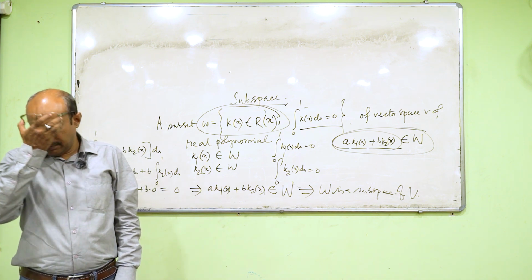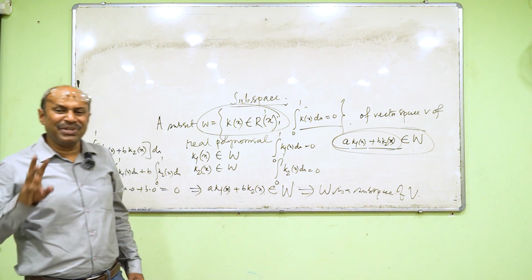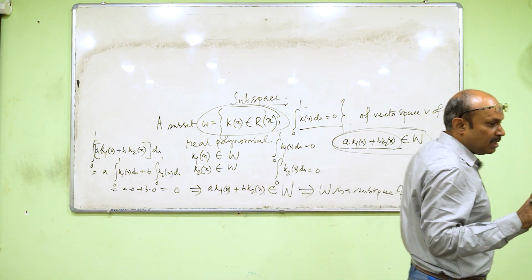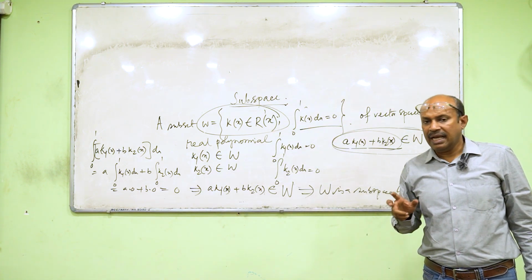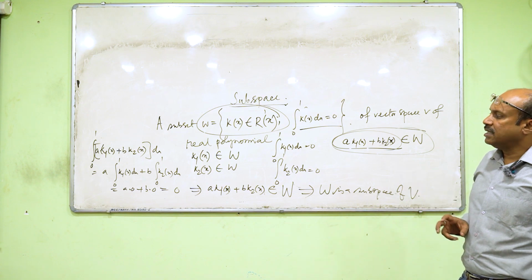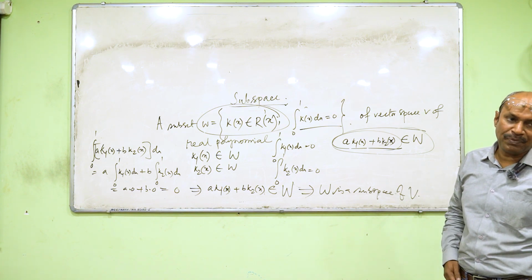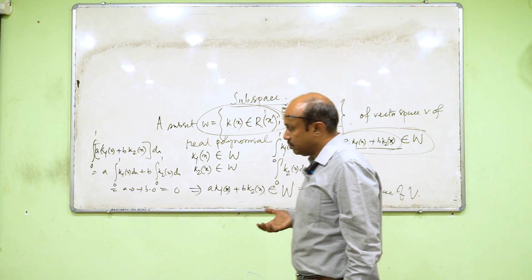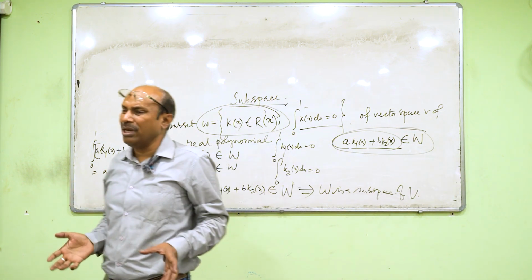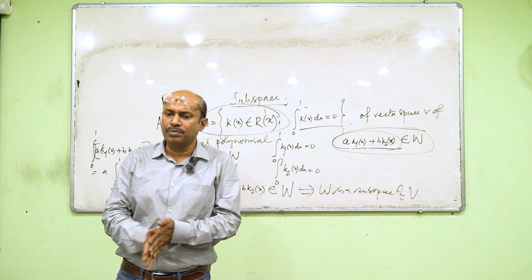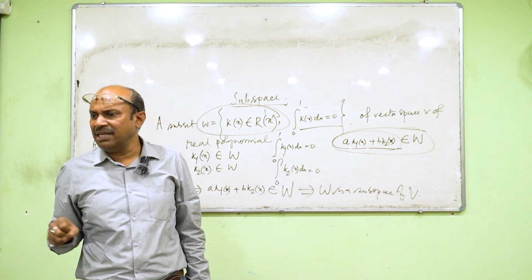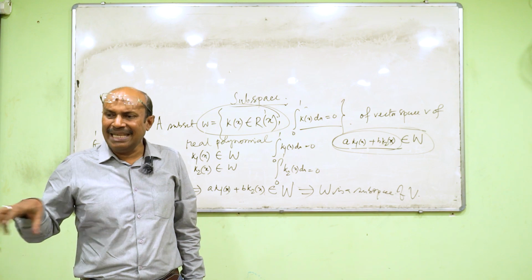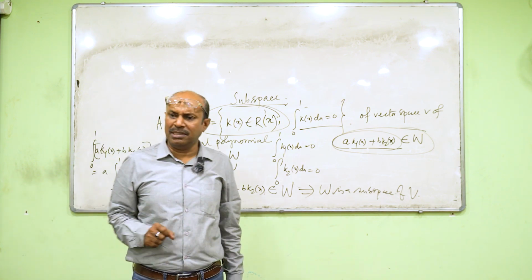Here I gave three examples, one from real matrices, another from real polynomials, and so on. In all cases what we do is take two elements from that particular non-empty set and take a linear combination of these two elements.